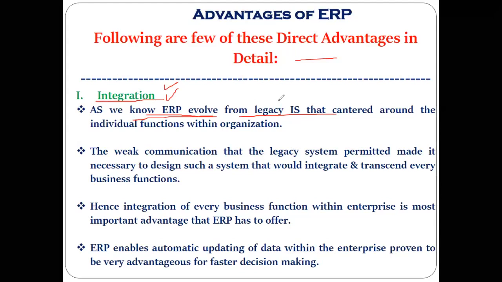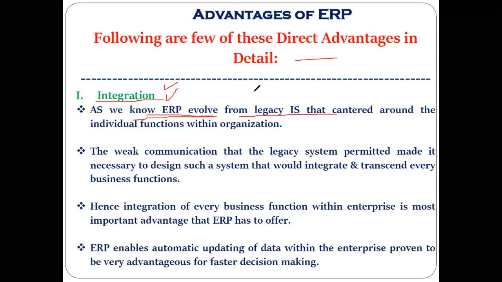Old information system means where there were individual computers with ERP installed on them, but this ERP is not integrated. Understood? That is the meaning of the old kind of information system. In the evolution we have seen how ERP evolved from the first stage, second stage, third stage, and to the last stage.